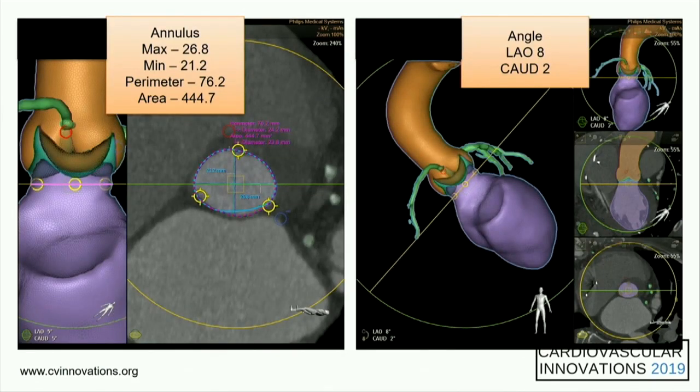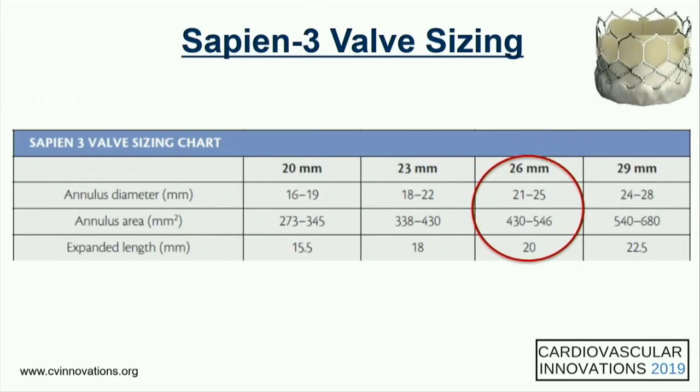So measurements, his aortic valve annulus by CT measured about 445 square millimeters, and the optimal deployment angle was also provided by our radiology team. So knowing this valvular area, he was then sized for a Sapien.